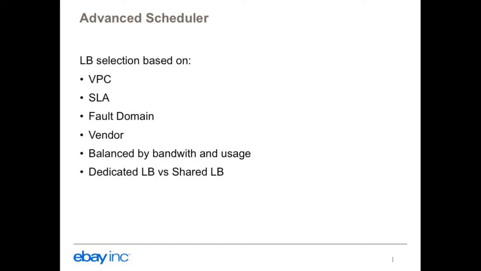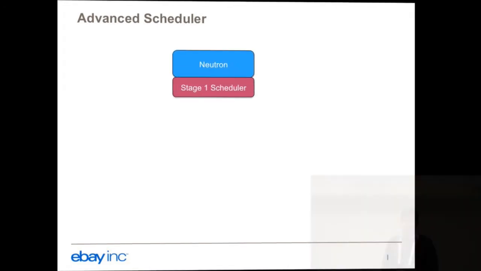If it is production, we want it to be DR capable, so 3 fault domains for that. Also how loaded the LB is, and whether the tenant needs a dedicated or shared load balancer. Based on all these factors, our logic determines which LB to pick for provisioning the web.